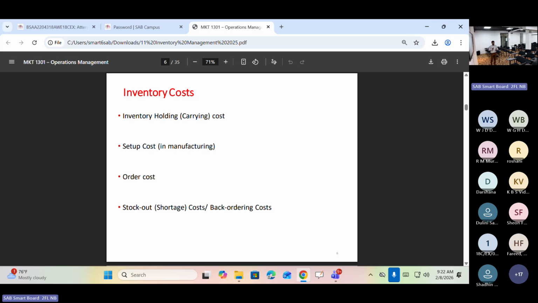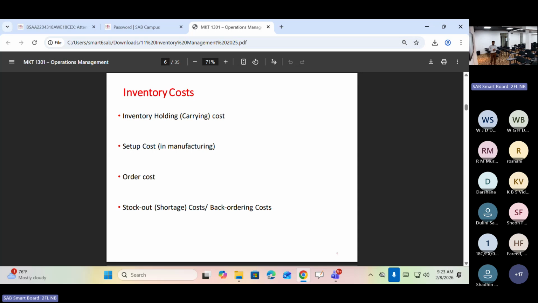If you can quantify such cost in monetary value, in rupees or dollars, we can also consider that in calculating the inventory management levels.